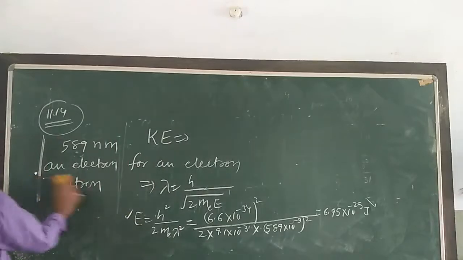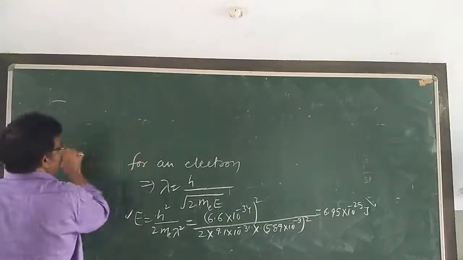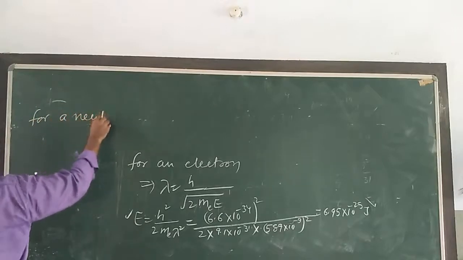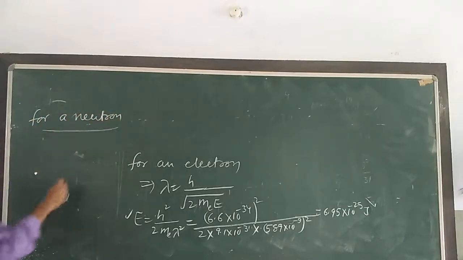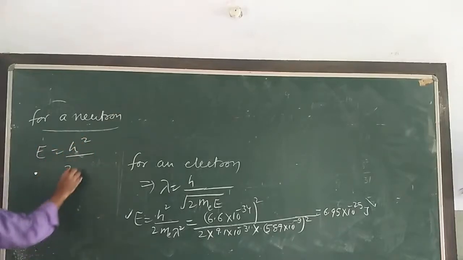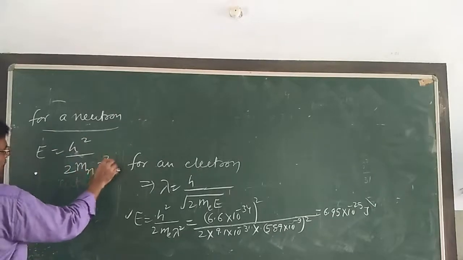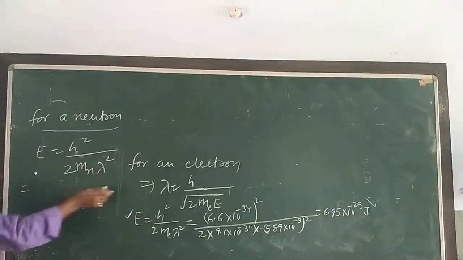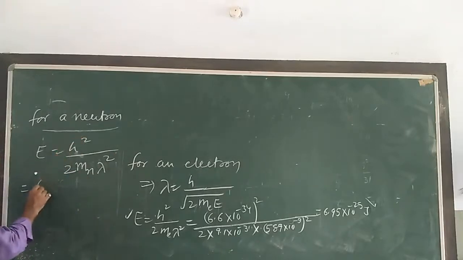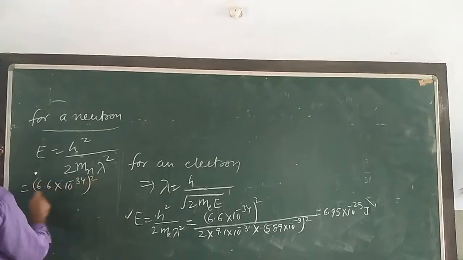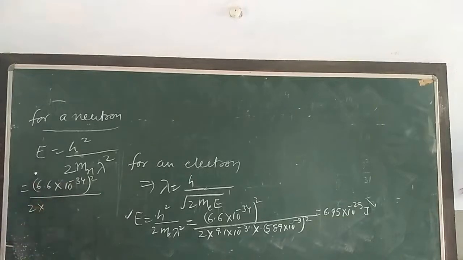For a neutron, ये हमने निकाला इलेक्ट्रॉन के लिए. For a neutron, formula is again same. E is equal to h square divided by twice of mass of neutron into lambda square. Again put the same value. h square, 6.6 into 10 raised to power minus 34 का whole square divided by twice of mass of neutron.